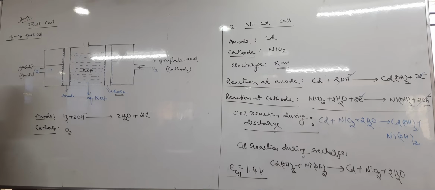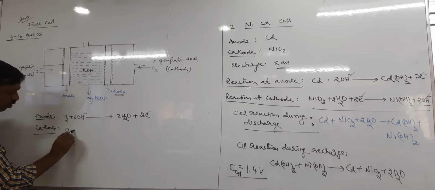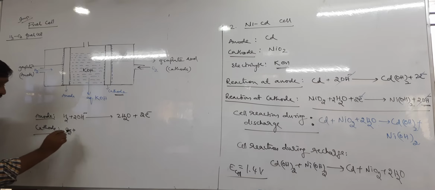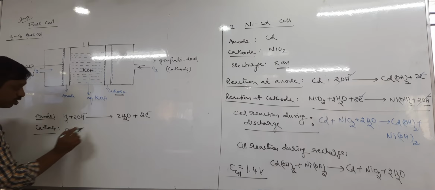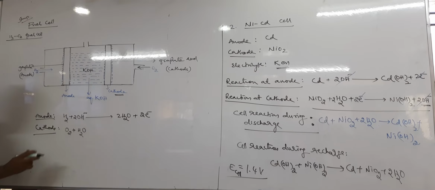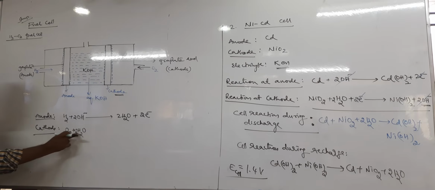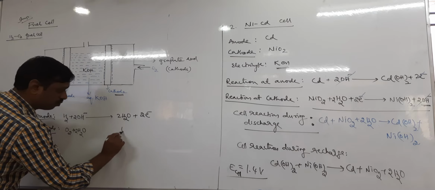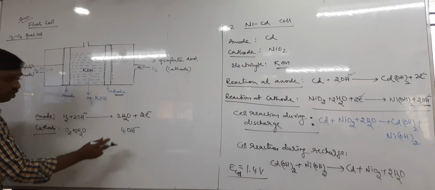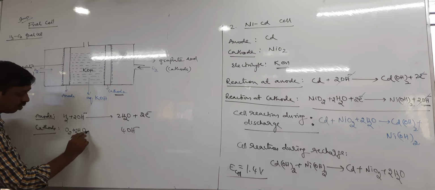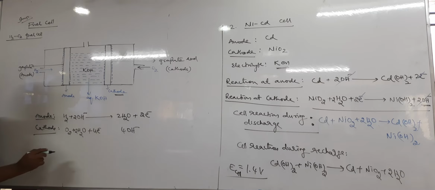Reduction is gain of electrons. O2 reacts with water: O2 plus 2 H2O plus 4 electrons gives 4 OH minus. Balanced or not?